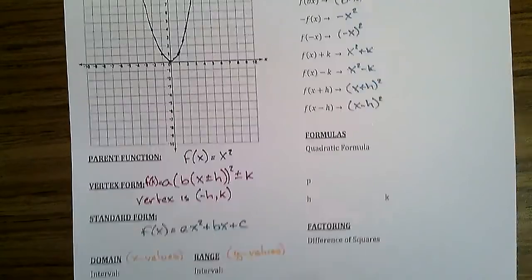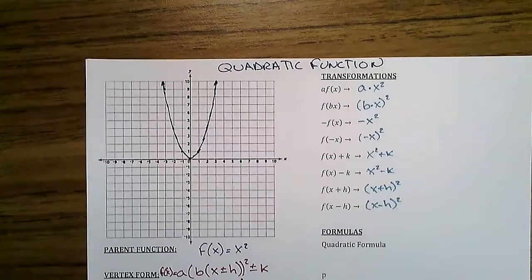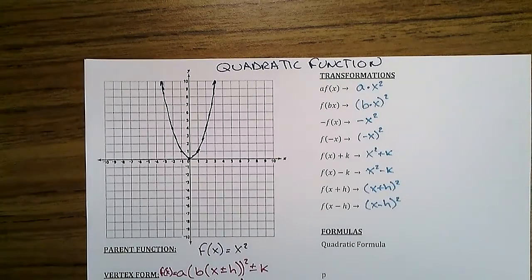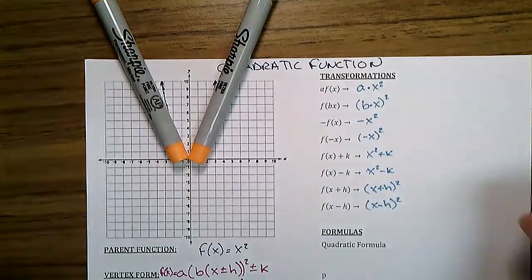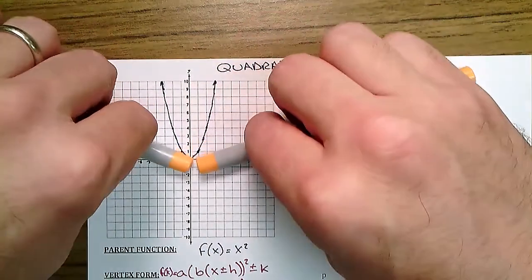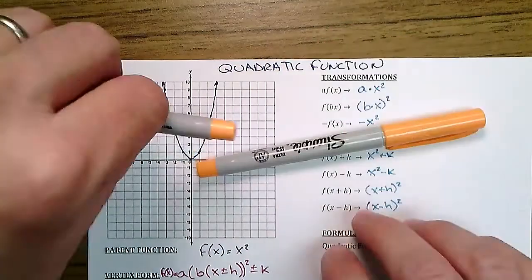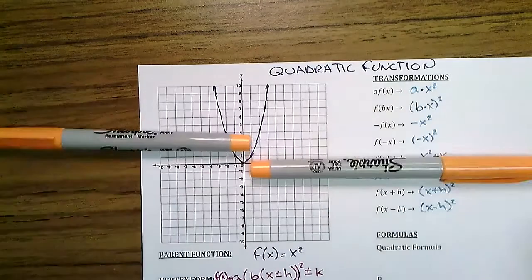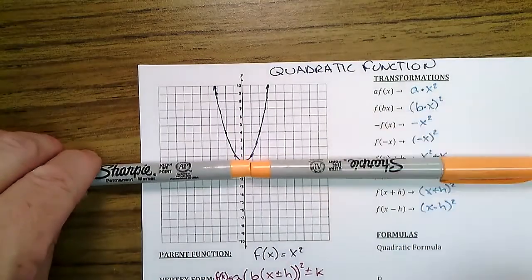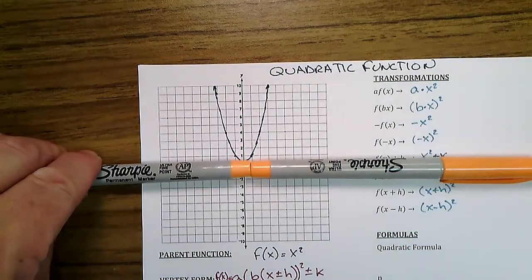So if we look up here, and if we were to take our function, I'm going to use my 2 pens. If we were to take our function and flatten it down to the x-axis, there's no limit.